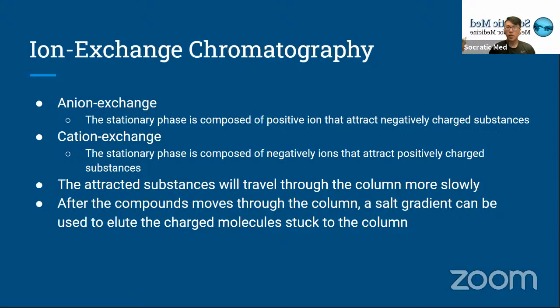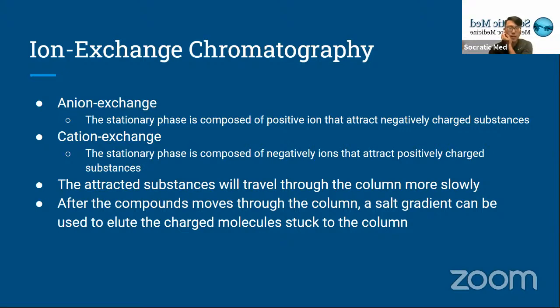The attracted substances, like I said, will travel in the column more slowly, and the other molecules that you don't want will travel faster through the column, and you can collect those and put them aside.